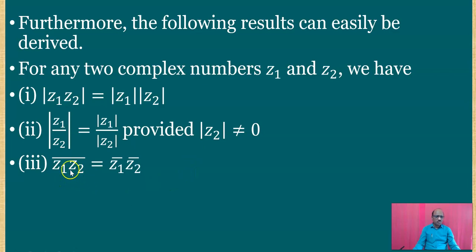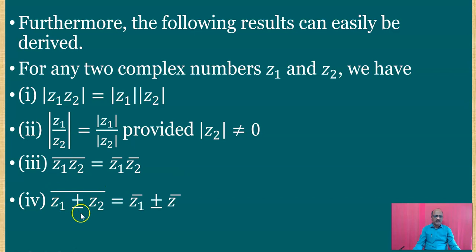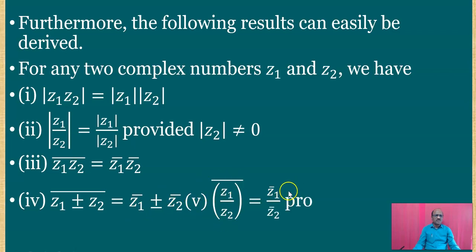The conjugate of z1 into z2 is z1 bar into z2 bar. Next, the conjugate of z1 plus or minus z2 is z1 bar plus or minus z2 bar, and the conjugate of z1 upon z2 is z1 bar upon z2 bar, provided that z2 is not equal to 0.